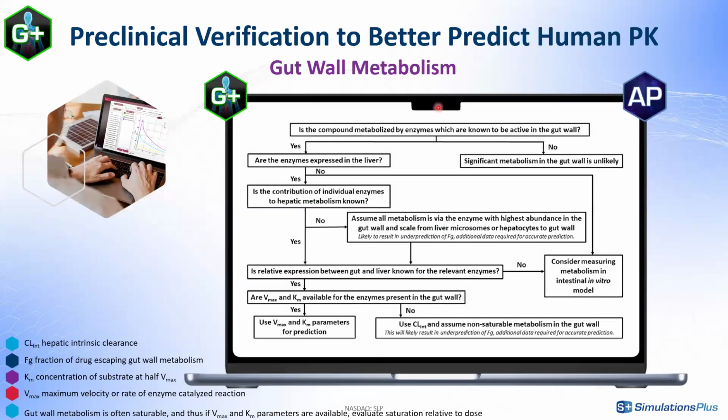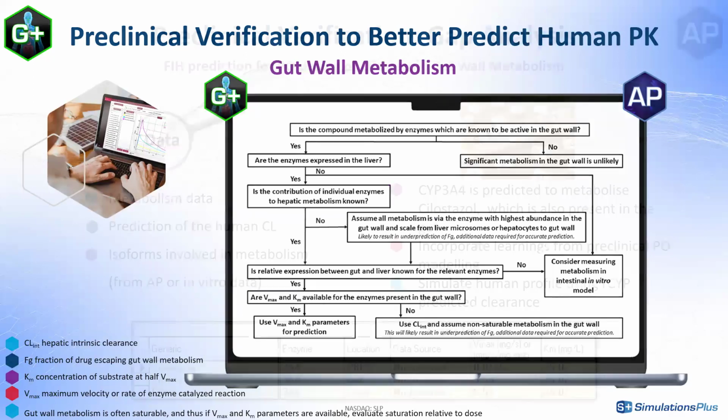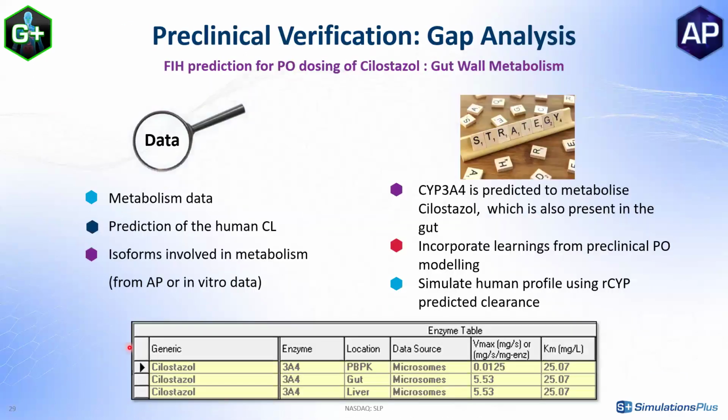Going on now to assess gut wall metabolism. In the absence of measured enzyme kinetics, a mixture of predicted properties and human predicted clearance can be used. Data that can be used for this assessment is metabolism data, the prediction of the human clearance that we have obtained from our preclinical modeling to date, and also the isoforms involved in the metabolism.